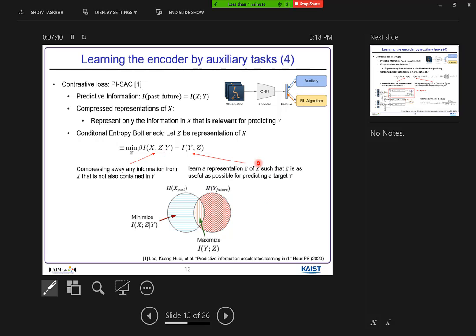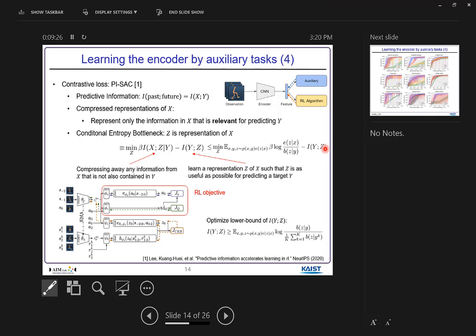So this will be the auxiliary task in this paper. They propose this, and the auxiliary task performs this. So we can satisfy two properties: predictive information and compressed features.